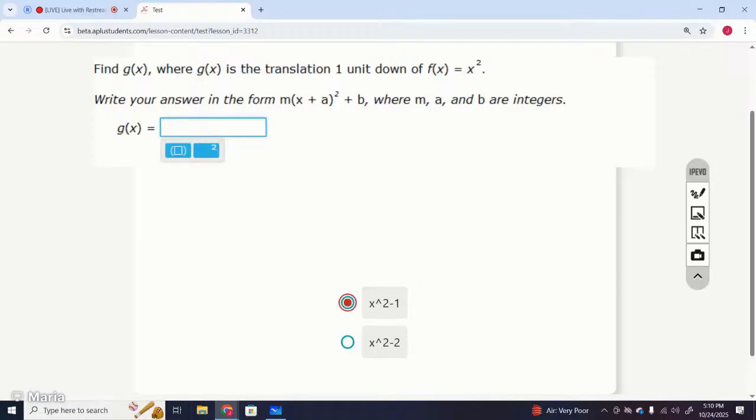That is x squared minus 1. Option number 1 is the correct option.